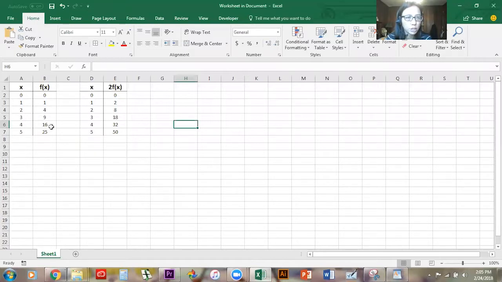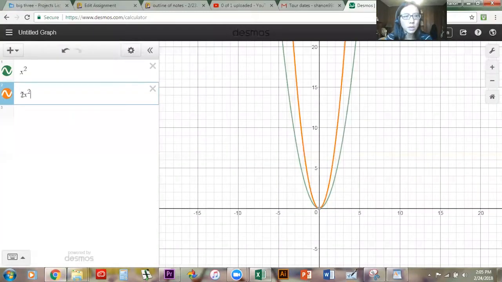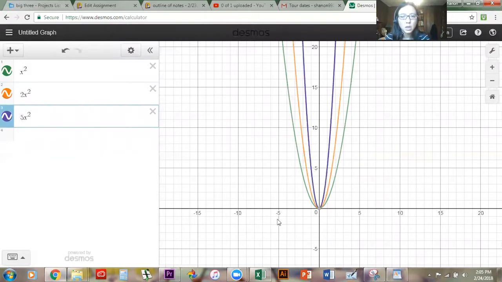As the x marches along, the y increases much faster when we multiply by 2, which would make sense because we're doubling it. So what if I were to put a 5x squared? What would we expect that to look like? Hopefully you were correct in guessing that that y increases 5 times faster than the original.